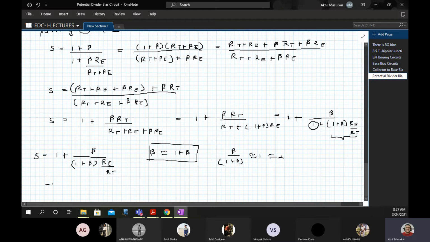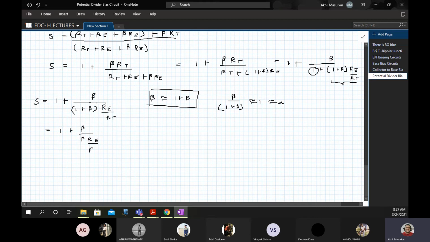So here we can write 1 plus beta upon beta times of RE upon RT, and this beta can cancel out, and this S is almost equal to 1 plus RT upon RE.